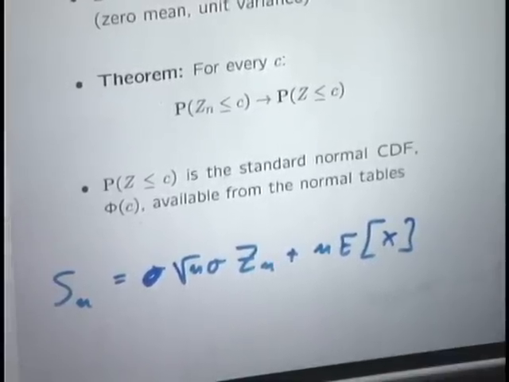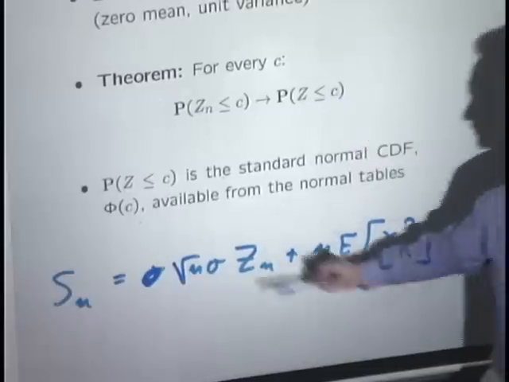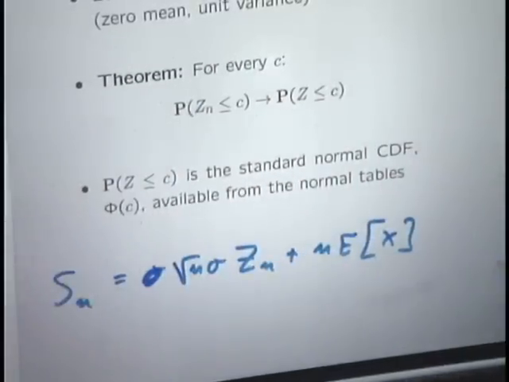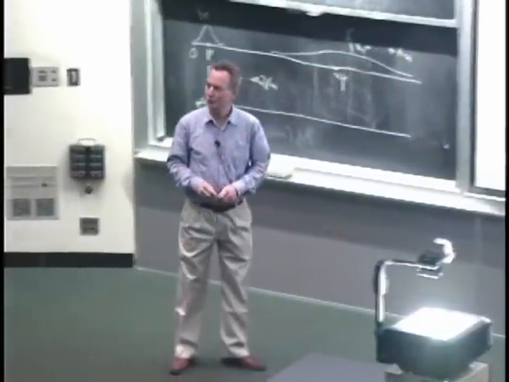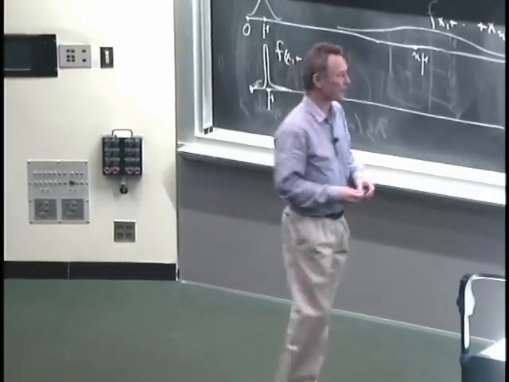All right. Now, if you can calculate probabilities for Zn, even approximately, then you can certainly calculate probabilities for Sn because one is a linear function of the other. And we're going to do a little bit of that next time. You're going to get also some practice in recitation.